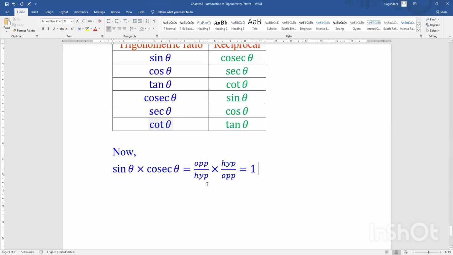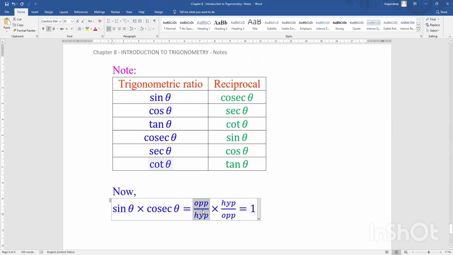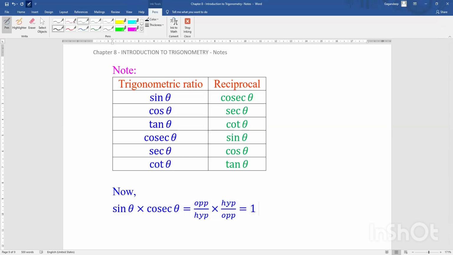We get it as, see, sin theta, you know that it is opposite by hypotenuse, whereas cosecant theta is hypotenuse by opposite, which is equal to 1. So here opposite and opposite gets cancelled and hypotenuse gets cancelled. So let me show you the cancellation here. So opposite and opposite cancelling, hypotenuse and hypotenuse is cancelling. Okay.